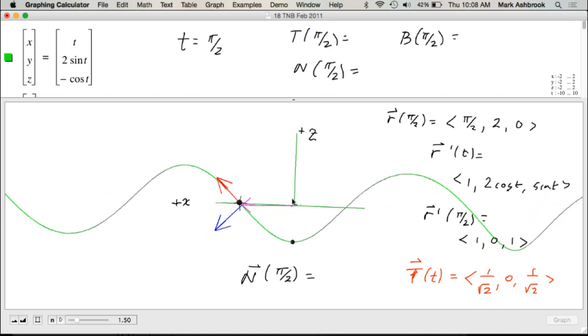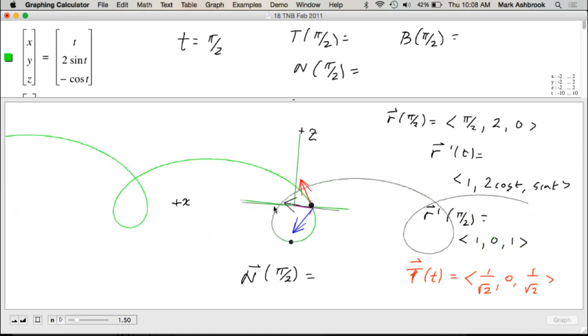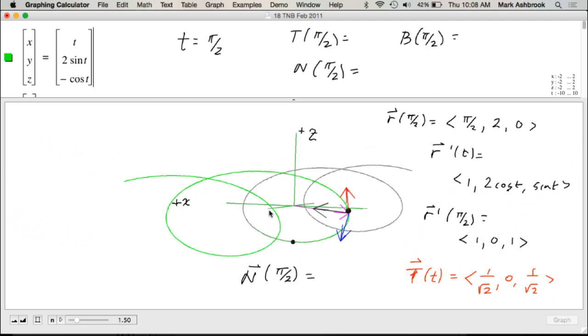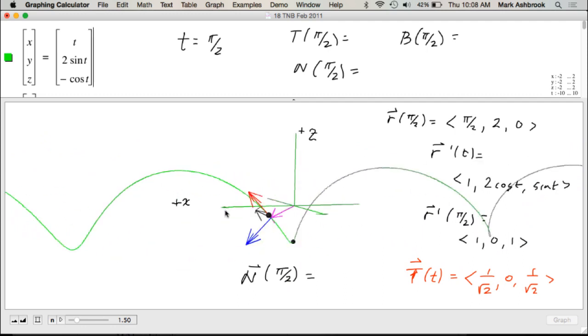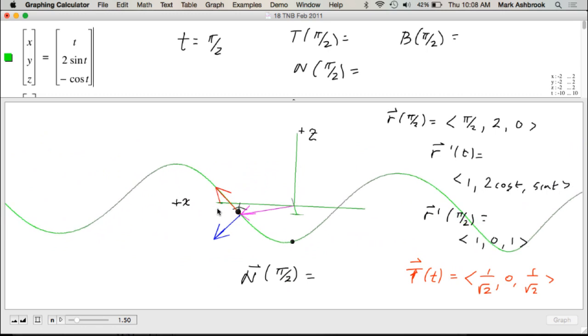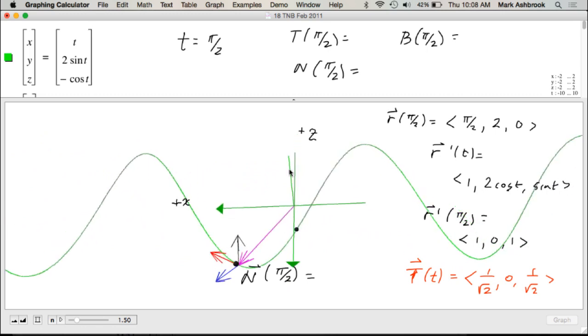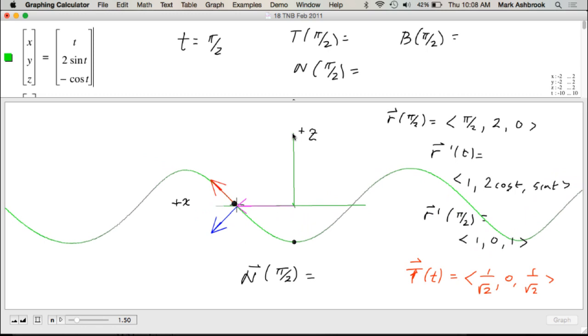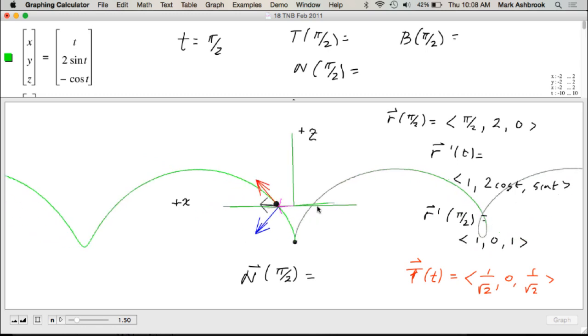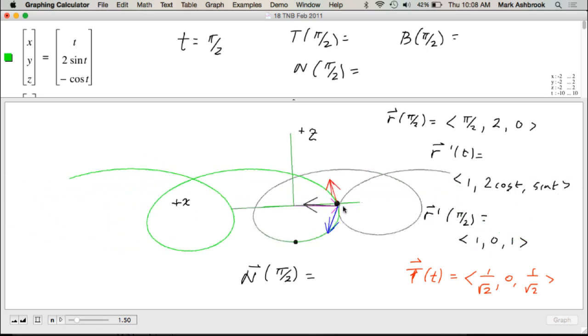Parallel to the xz plane. It's pointing right in the direction into the center of the ellipse. So you just write it down. What unit vector is that? 0, negative 1, 0. Just pointing right in the negative y direction. Do you see it? The black one.